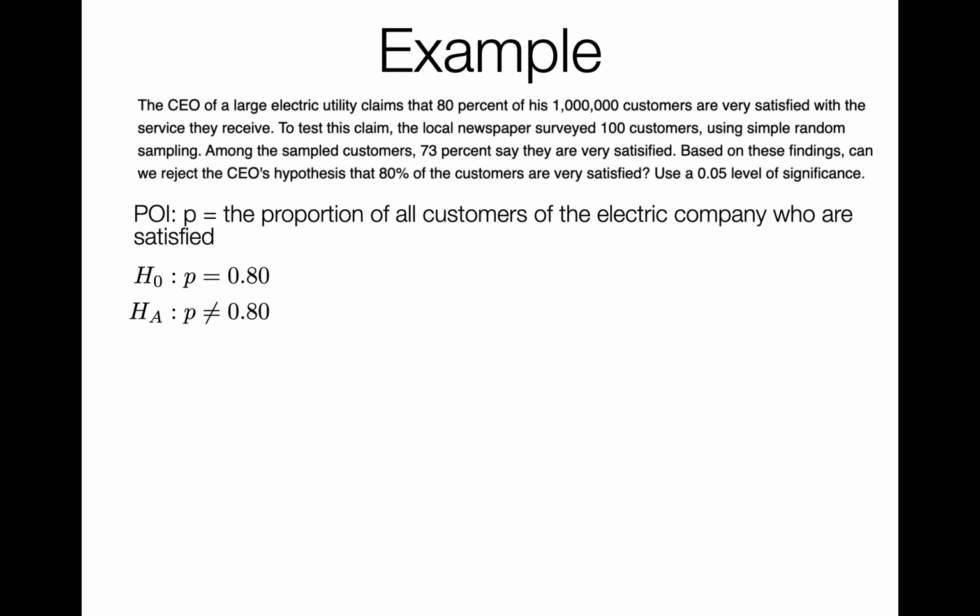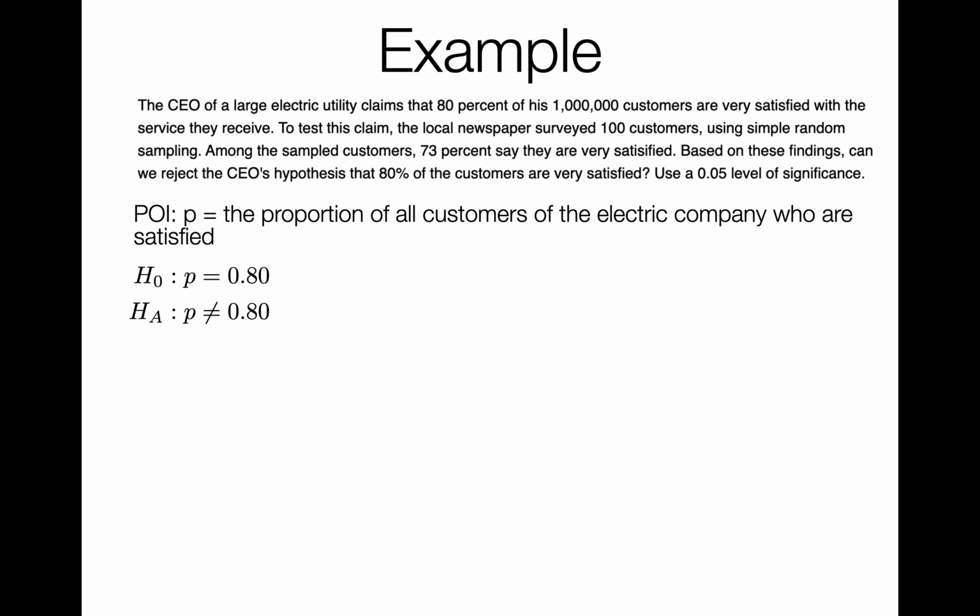Because it doesn't tell me a direction, I'm going to use not equal to. If it said the local newspaper thought that it was actually greater than the CEO's claim, then we would say greater than. If the newspaper thought it was lower than that, we would say less than. But it doesn't give us a direction, so we'll say not equal to.